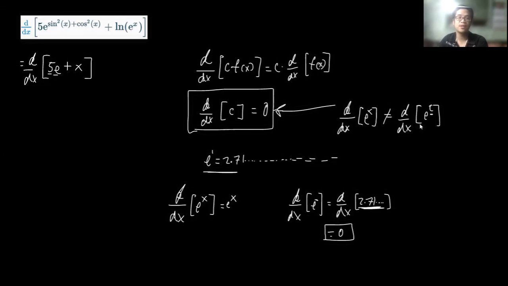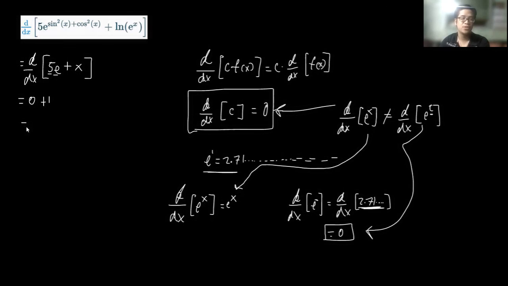Thus, the derivative of a constant number is equal to 0, and a derivative of a function is this one. So therefore, they are not the same. So you have 0, and the derivative of x, just simply remove the x and you have 1. Therefore, you have 1 as your final answer.